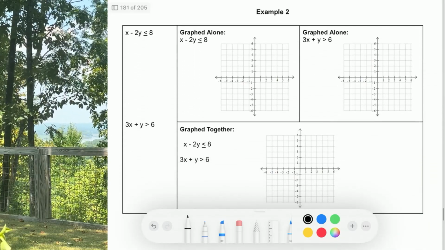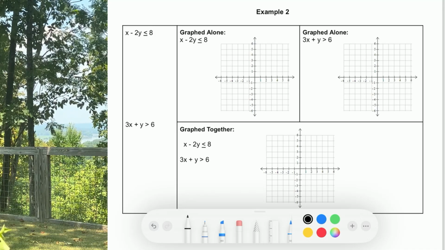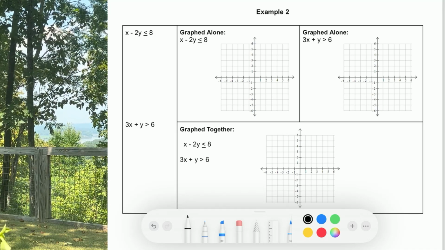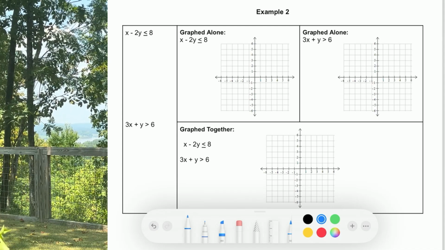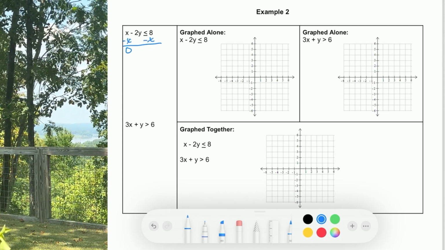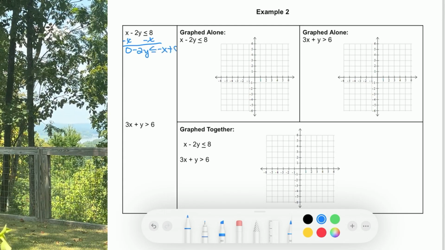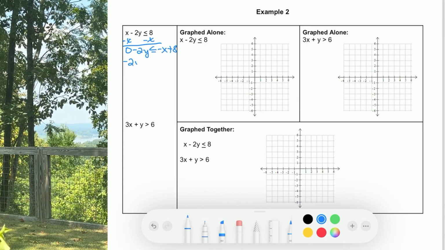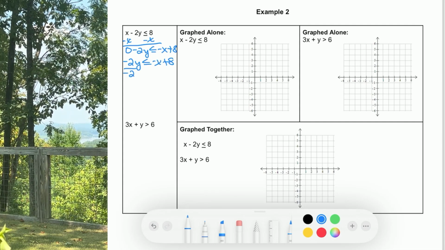Example 2. Let's go ahead and get them in the y equals mx plus b form, and then we'll work on graphing them. So I'm going to get y by itself by subtracting x here. I get 0 minus 2y is less than or equal to negative x plus 8. Rewrite that. I'm going to divide everything by that negative 2.